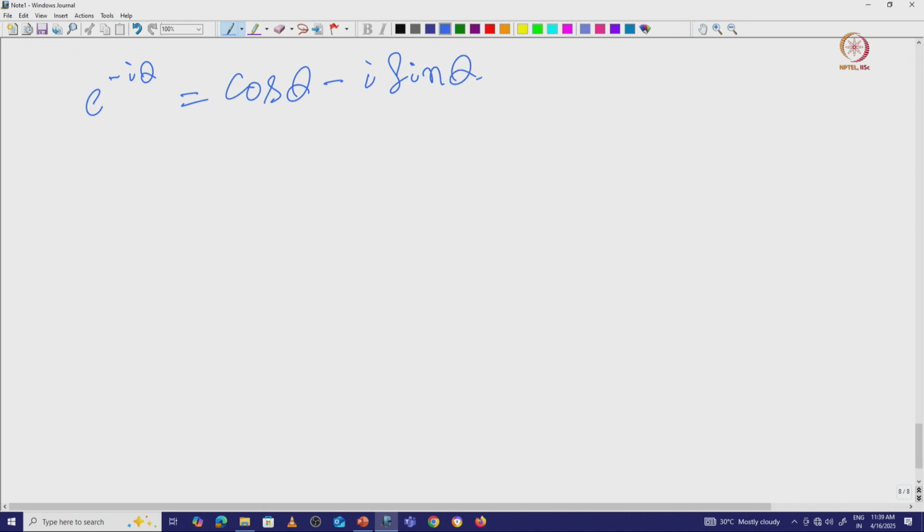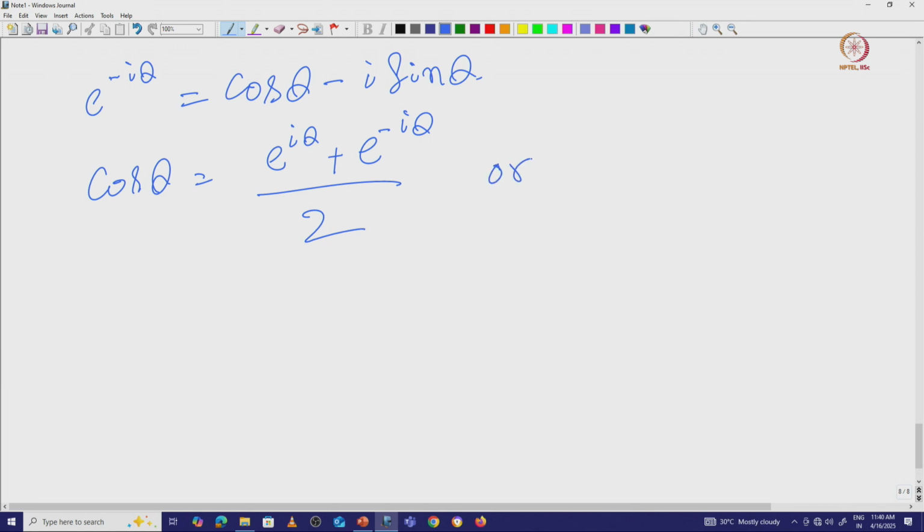Now, this will really help us, because finally we just want to get the cos theta or sin theta values. If we want cos theta, we take e to the power I theta plus e to the power minus I theta, divided by 2.